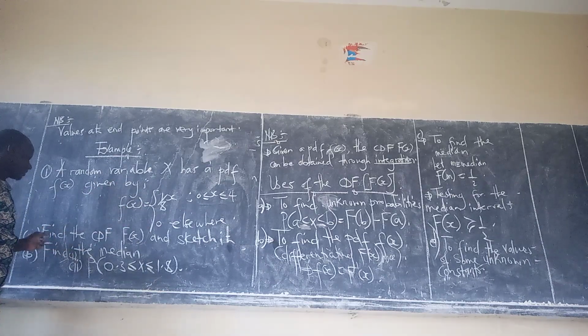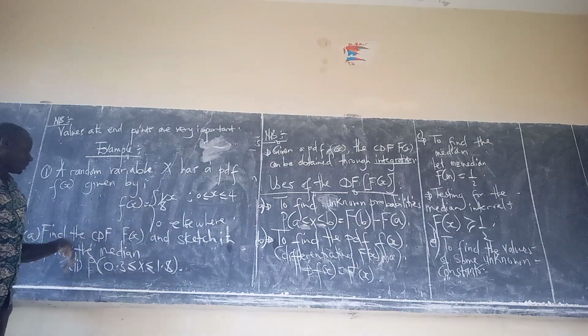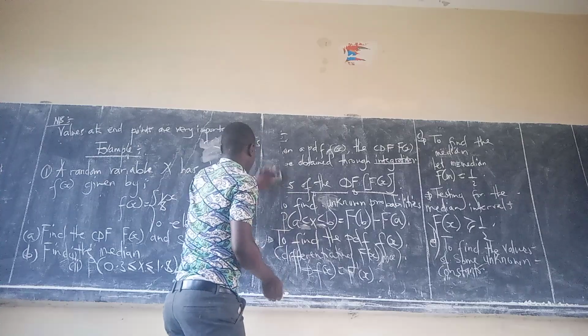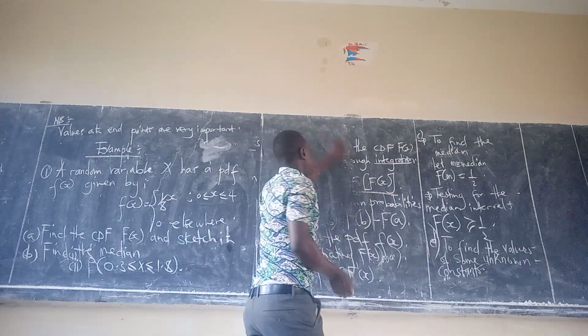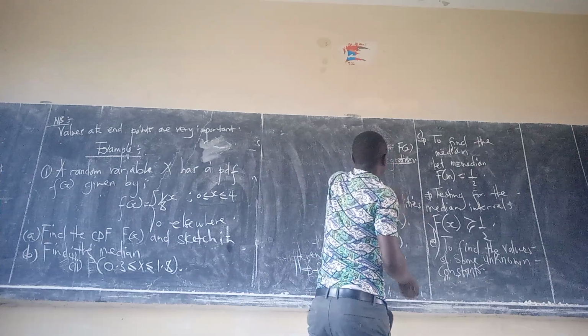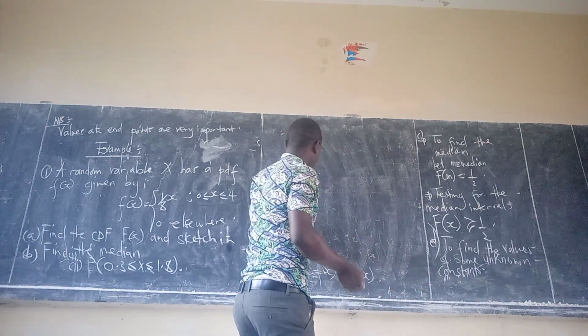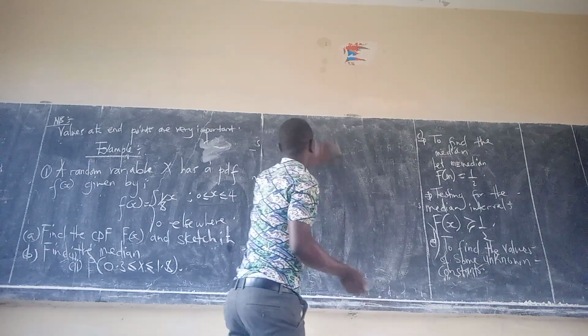In part A, we want to find the CDF capital F of x, and then we sketch it. So these are the procedures of finding the CDF capital F of x. Our function is simple, it has only one interval, so it is the one that we are going to start with.